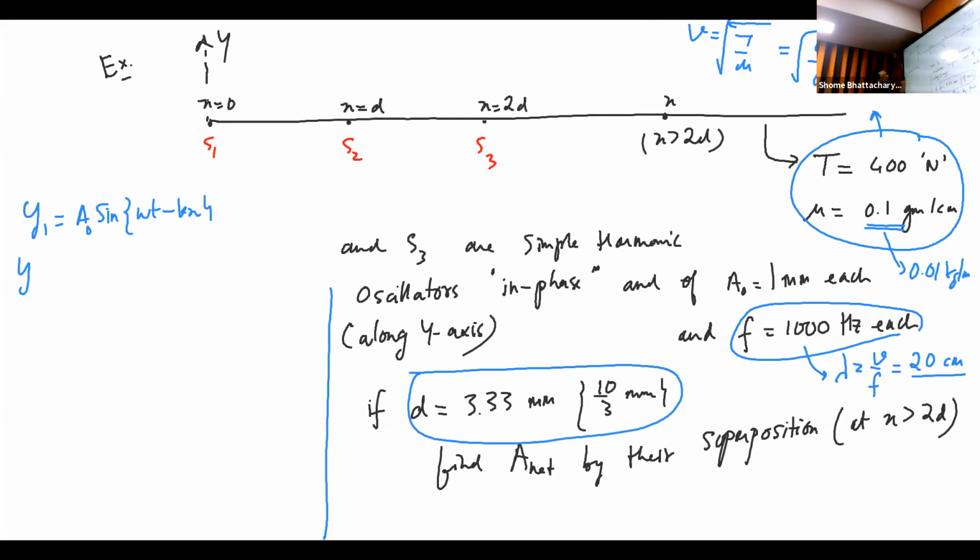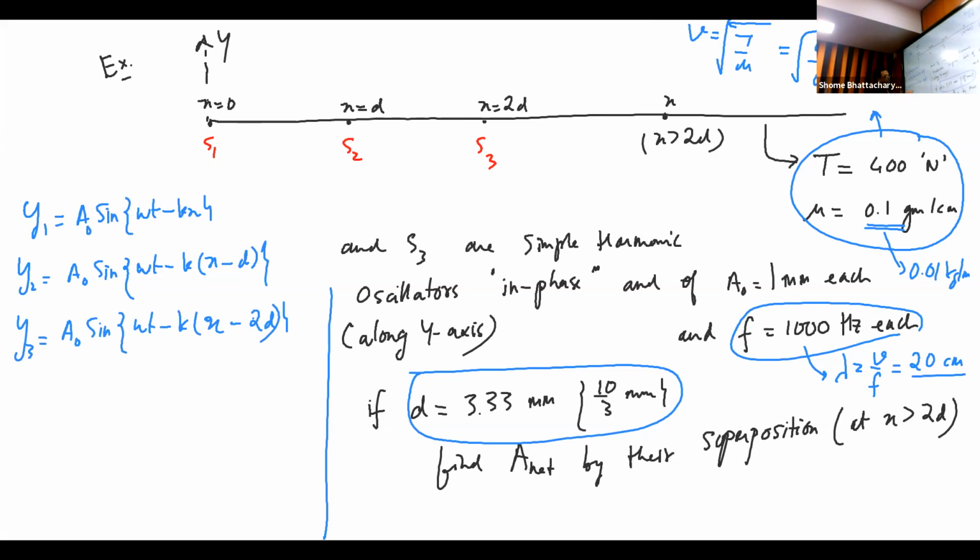The wave that is coming from S2 is like this, and the wave that is coming from S3 should be like this.